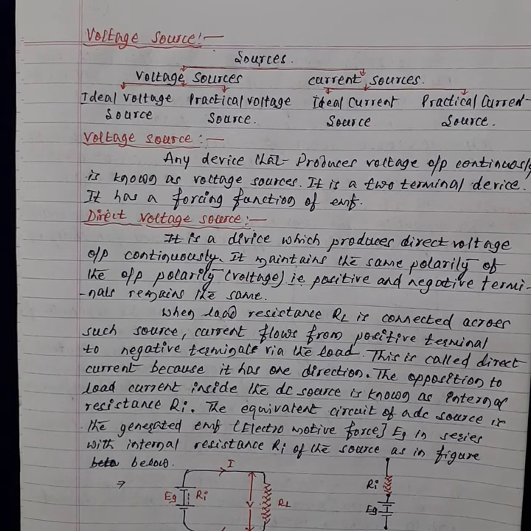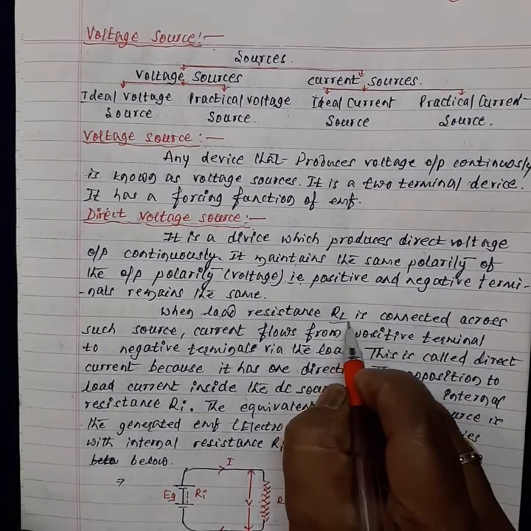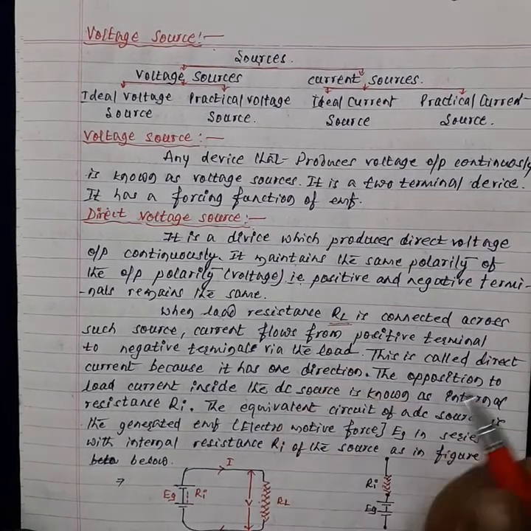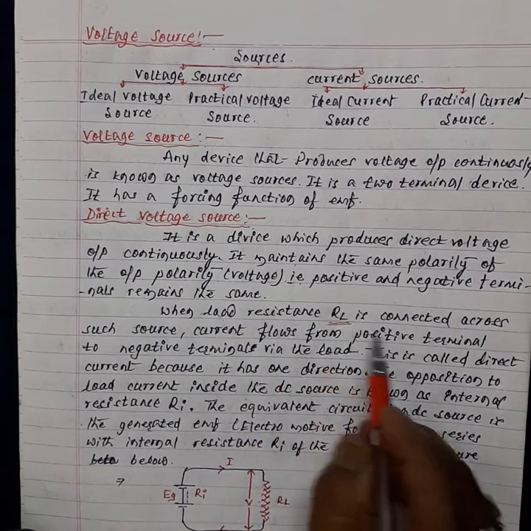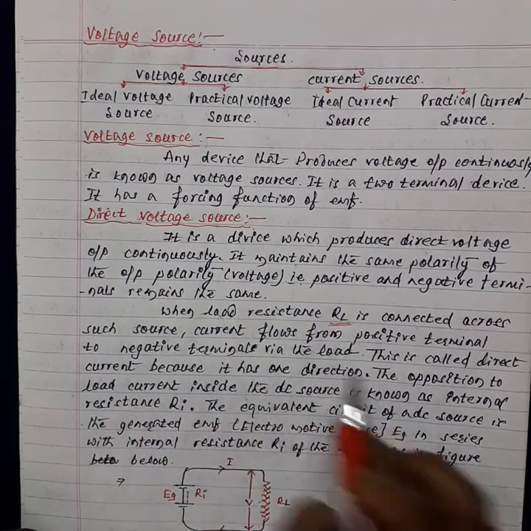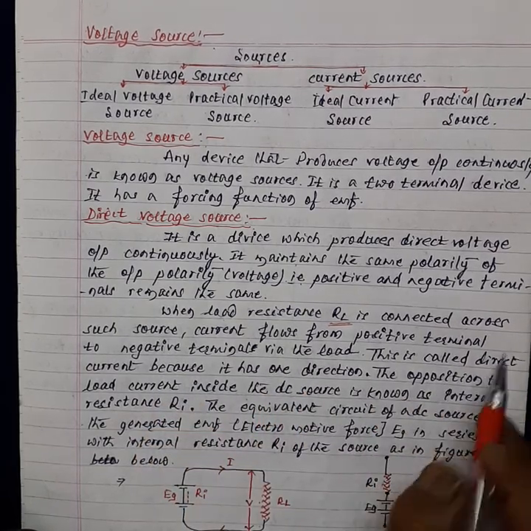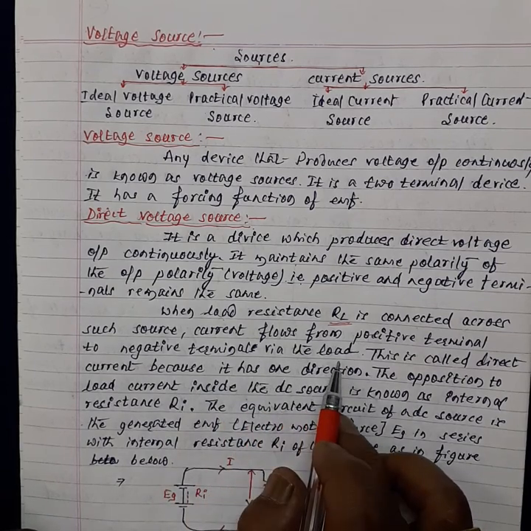When a load resistance, say R_L, is connected across this source, current flows from the positive terminal to the negative terminal via the load.